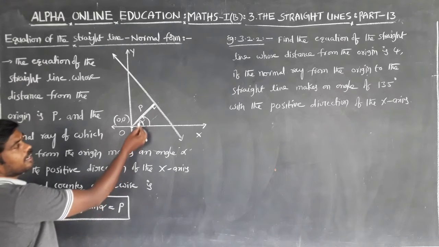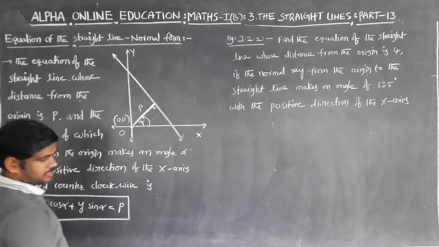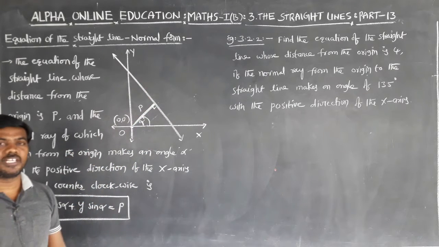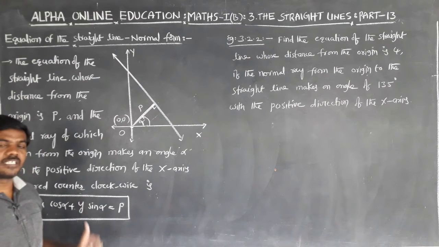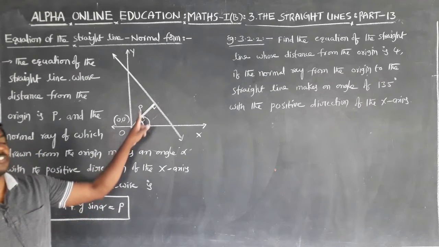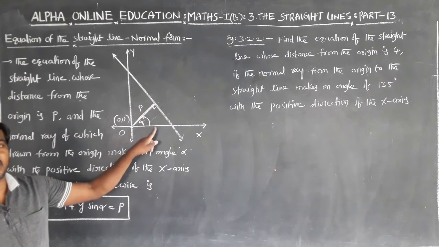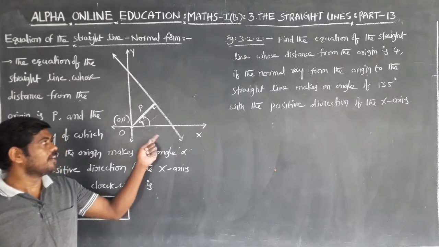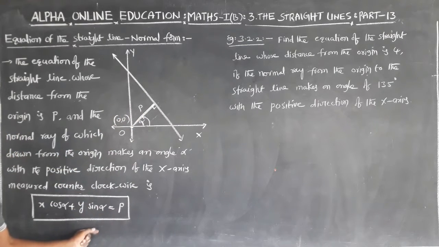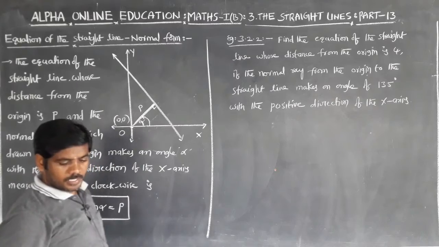Alpha is the angle the normal ray makes with the positive x-axis, measured counterclockwise or anti-clockwise. So the equation of the straight line in normal form is x cos alpha plus y sin alpha is equal to P.